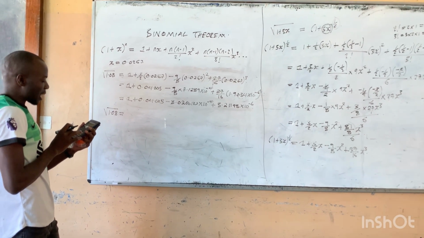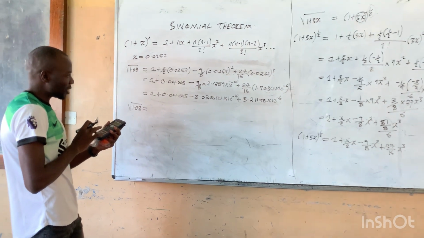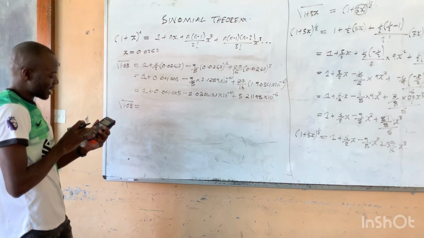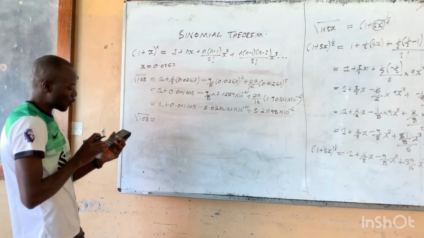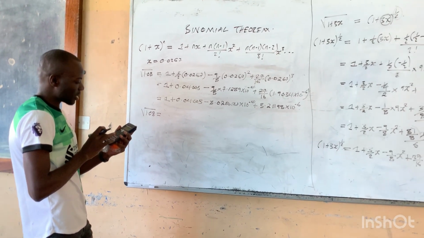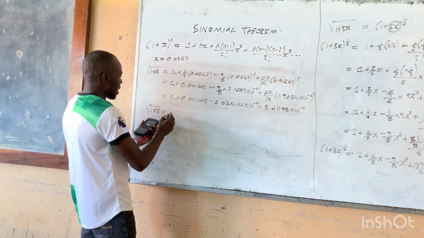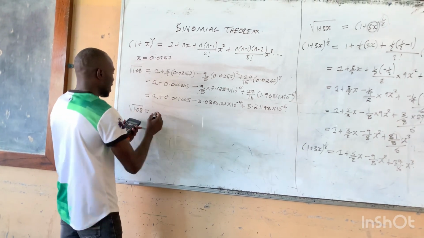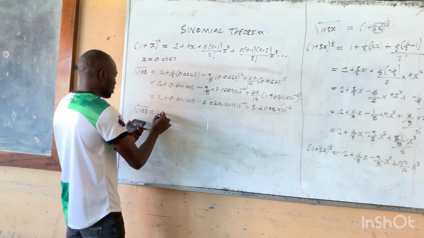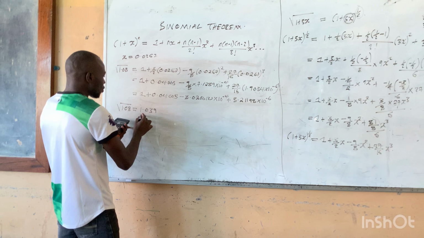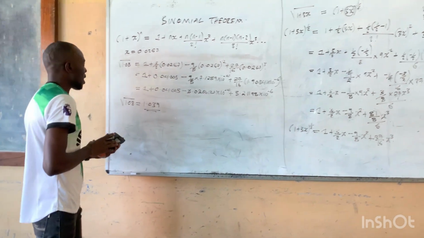Again here plus 3.21198 exponential -6. So this one is giving me, all this when you add, we are getting 1.039. So this is the square root of 1.08.